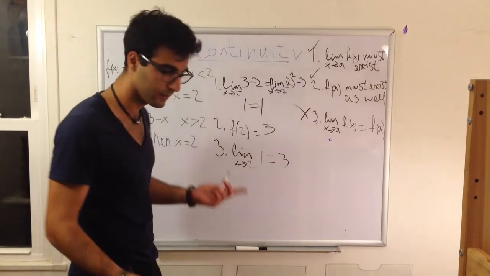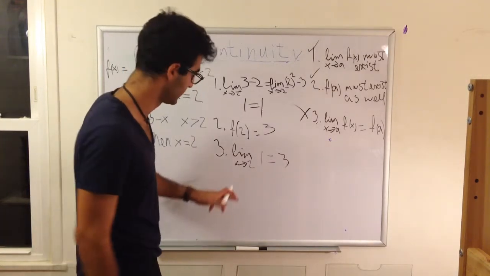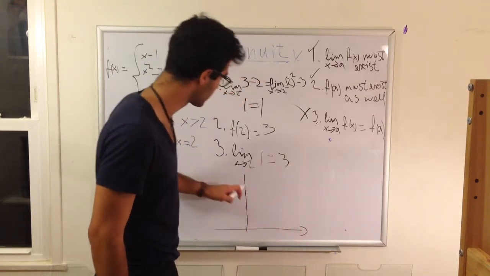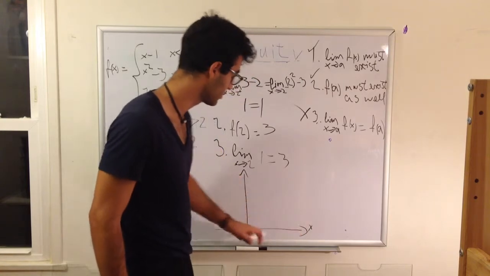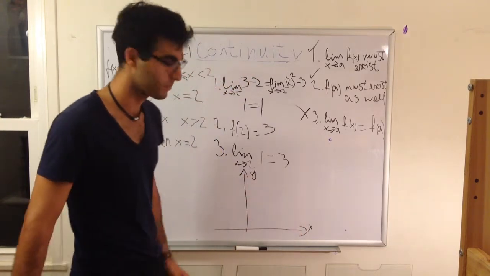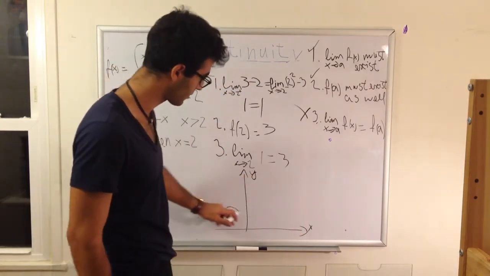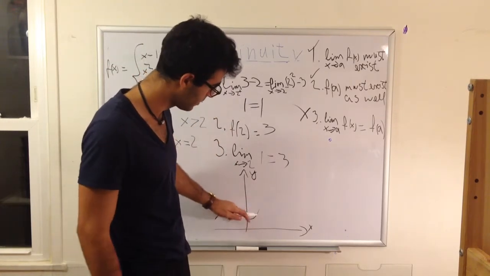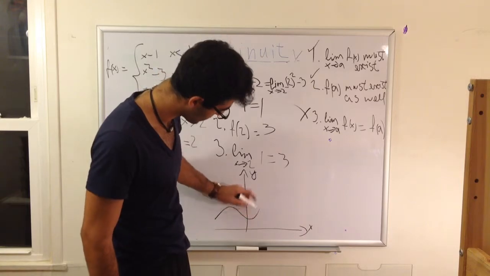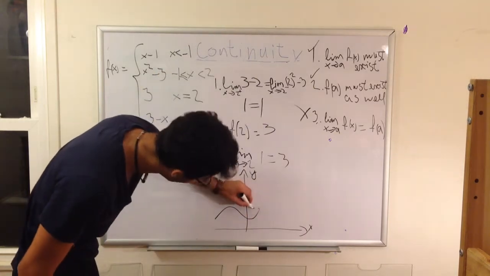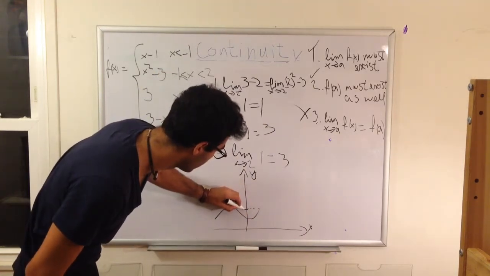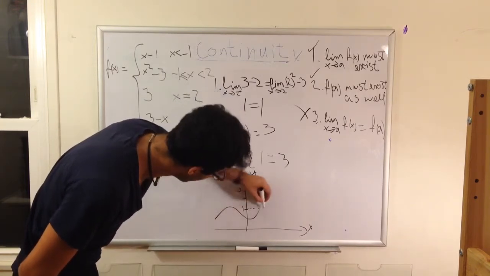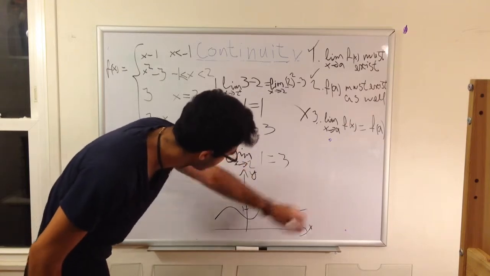So what is happening? Since 1 is not meeting the condition, it means it's a discontinuous function. But visually, what does it mean? Let's say we have some function. I don't know how it would actually look, but just for example, we have a function here, and at this point we get a 1. Let's say 2 and 3, and here it continues like this.